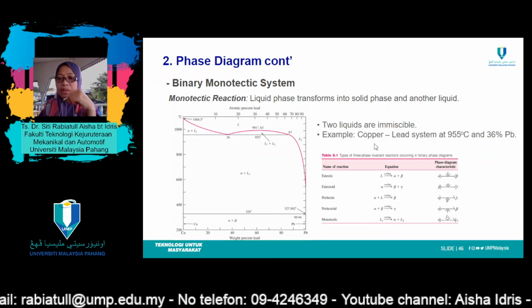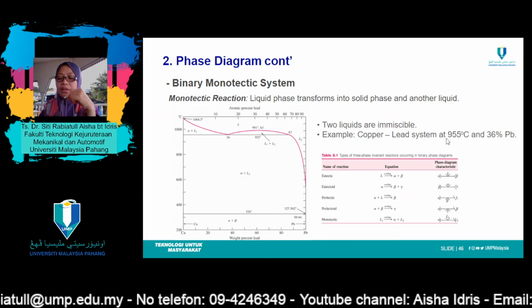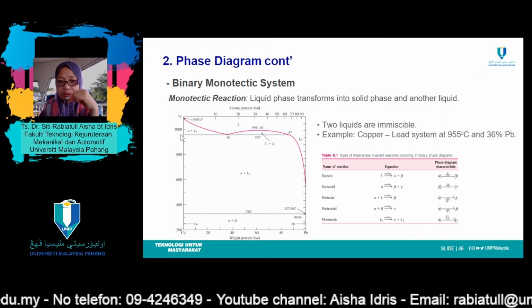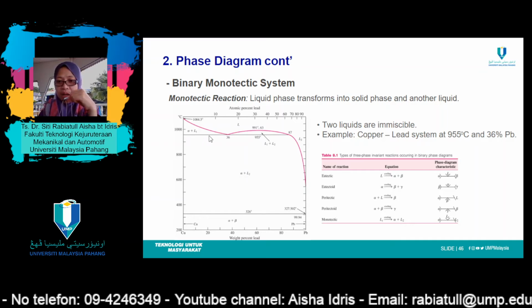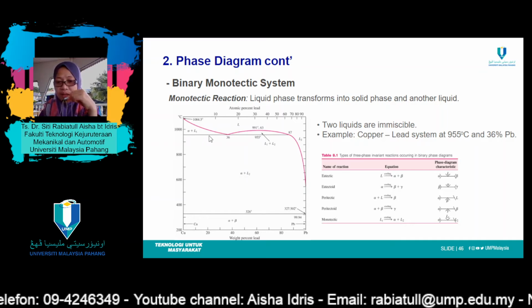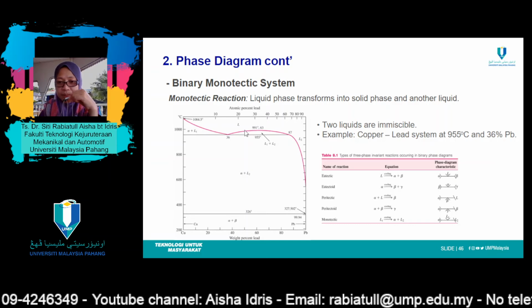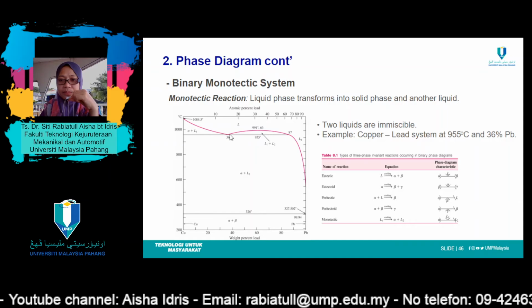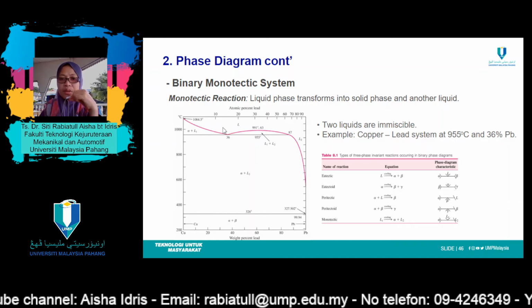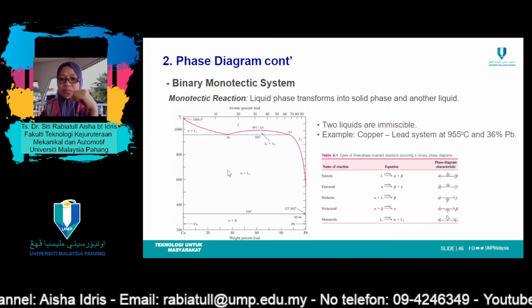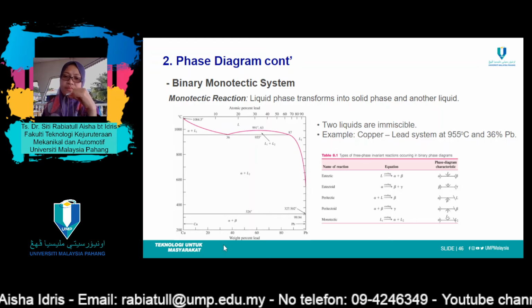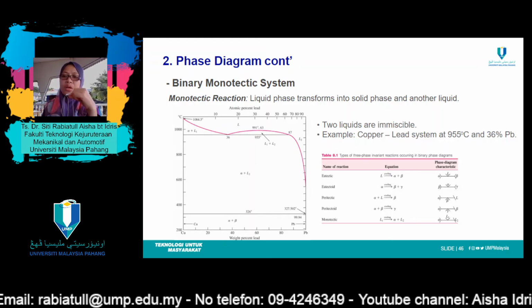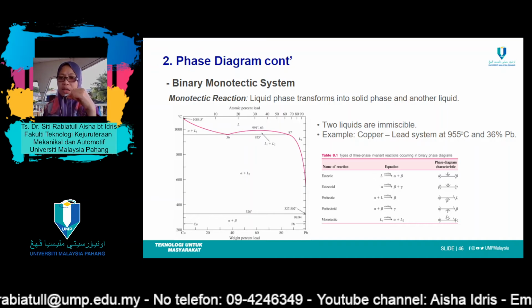For example, the copper lead system at 955 degrees, and 36 plumbum over here. So this is a monotectic reaction. Okay, one liquid transforms into a solid phase and another liquid.